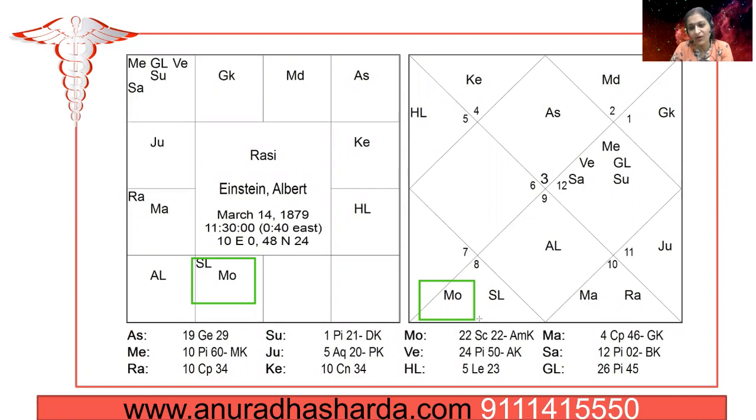Moon is the second lord, which is again a Maraka planet, and it is posited in the sixth house. The sixth house represents your stomach also, and in Scorpio it is about your bowels. So this would generally indicate that you could have a chronic disorder of your intestine and bowels, and there could be clear issues regarding that.